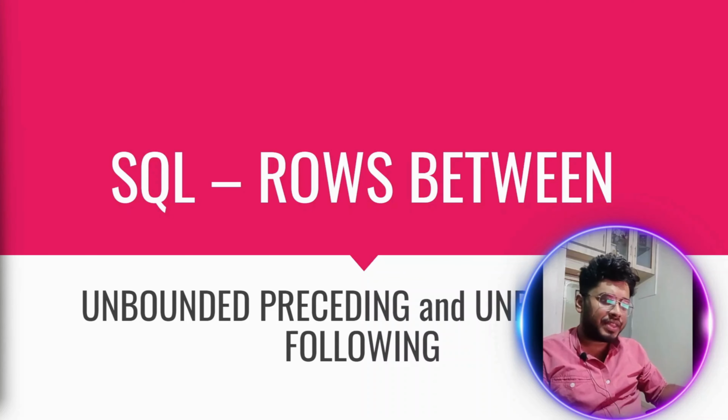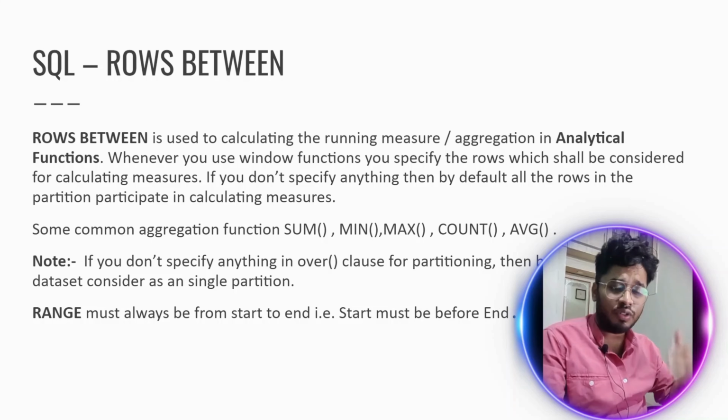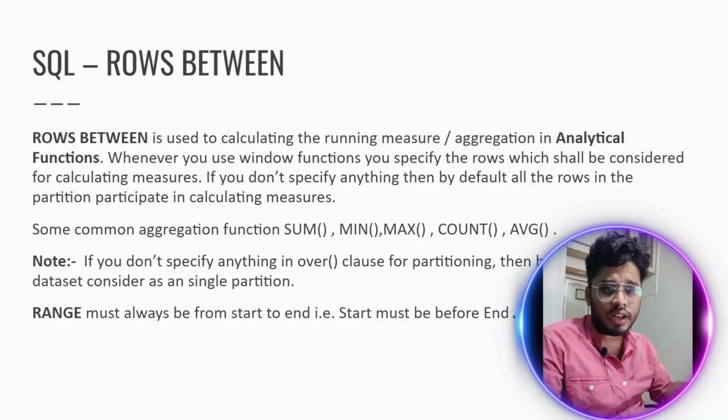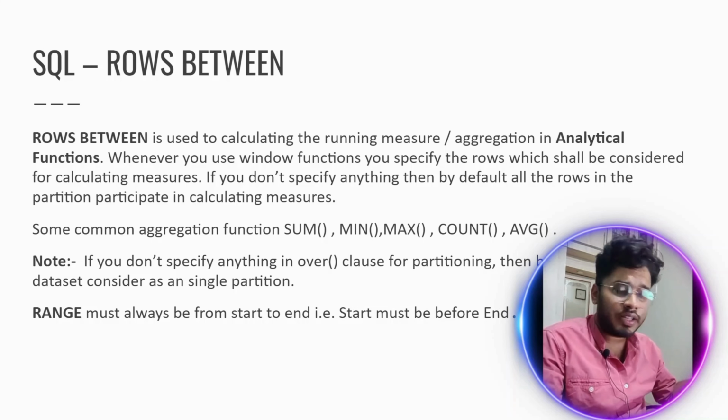Basically, when you're using an OVER clause and you don't specify any rows between, by default it takes the whole set of rows for calculating. In aggregation functions, basically sum, min, max, count and average, these are common aggregation functions which we mostly use in the OVER clause. So without wasting time, we'll directly dive into our Google Sheet.